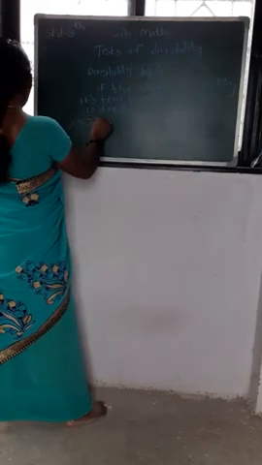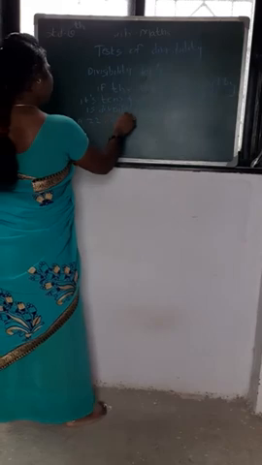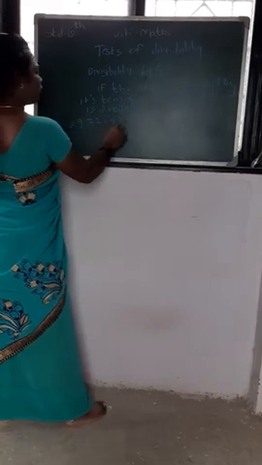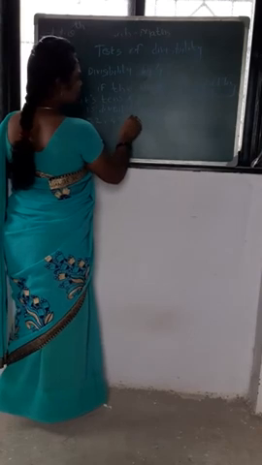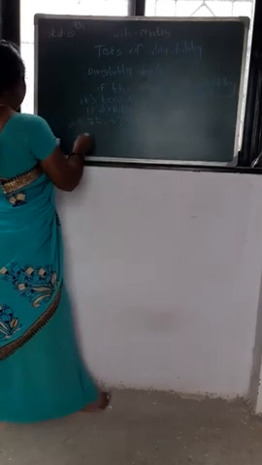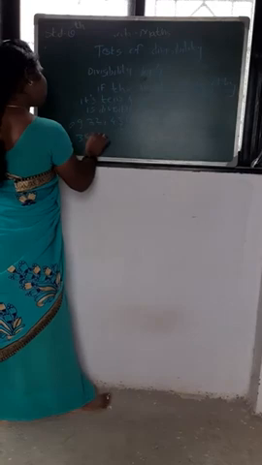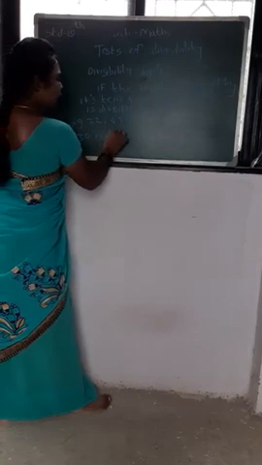For example, 32436. In ones and tens place the number is 36. Then 36 is divisible by 4.